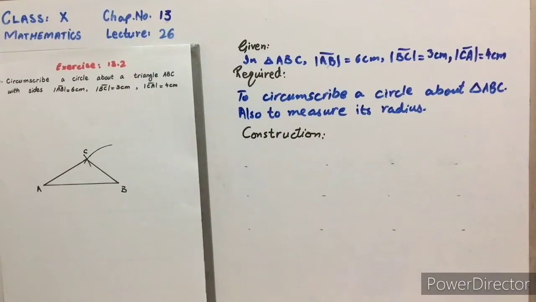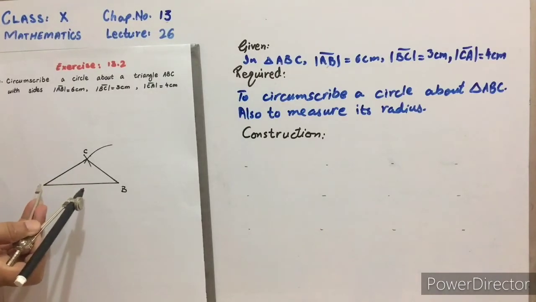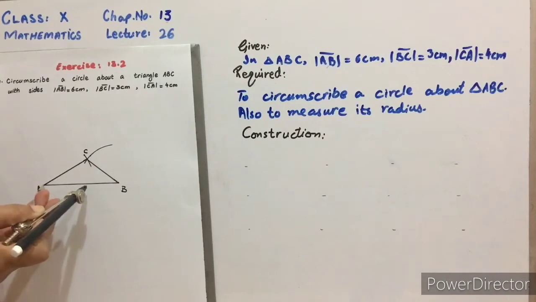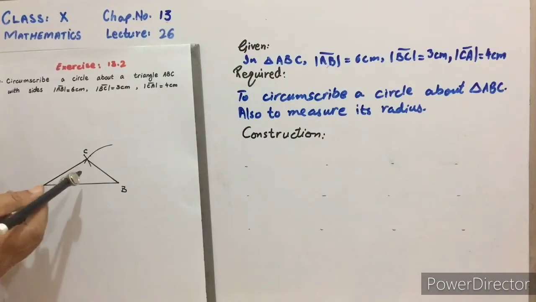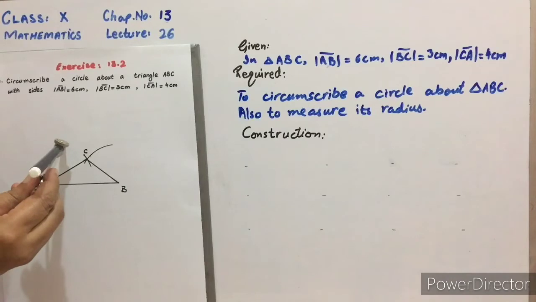So to find out the center of the circle, we will bisect any two sides of the triangle. I am bisecting line segment AB, opening the legs of the compass more than half of AB. Draw the perpendicular bisector of AB.